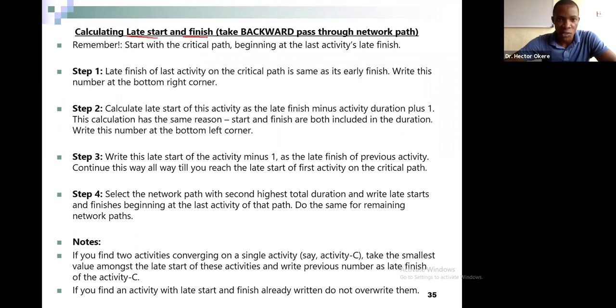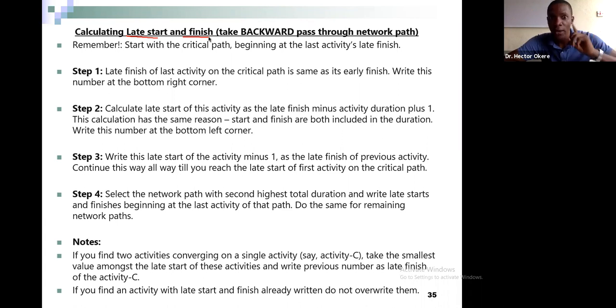Example: let's say activity 1 takes 2 days to complete and activity 2 takes 3 days. What is the early start of activity 1?